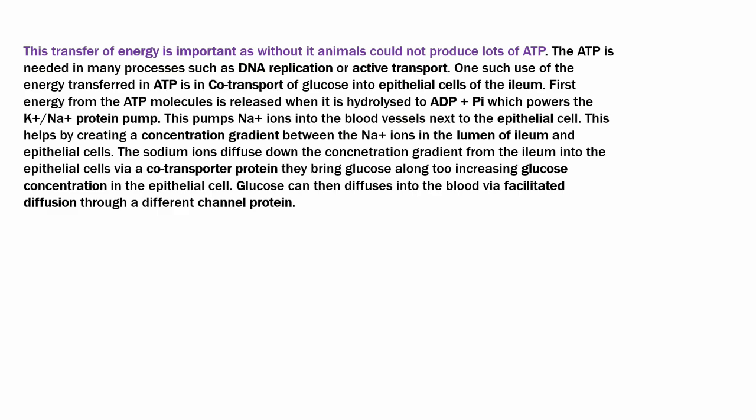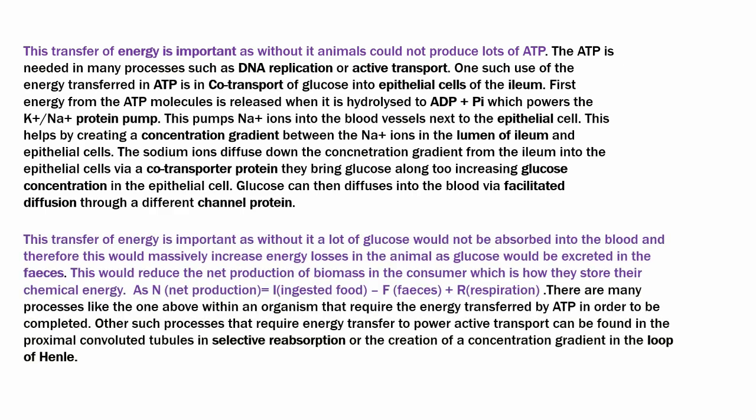So the sodium then diffuses in through a co-transporter protein down a gradient, and it brings the glucose along with it too. And then once the glucose is in the epithelial cell, it's in a high enough concentration to go by facilitated diffusion into the blood through a different channel protein.